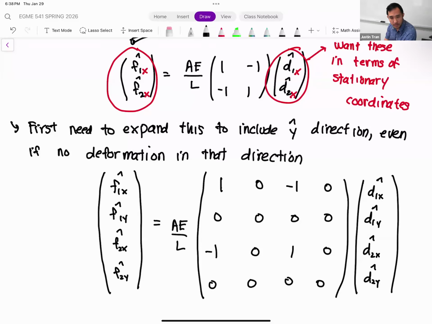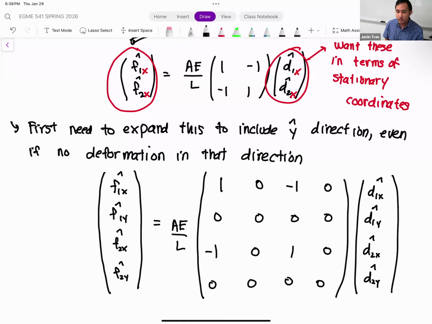All right, question in the chat. So we get a 4x4 due to the 2 nodes, 2 directions per node. And so 3 nodes, we get a 6x6 and so on. Yes, that's correct. So things are going to explode fairly quickly. Luckily, for the most part in our direct stiffness, we're not going to look at elements that have more than 2 nodes. But eventually we are going to look at elements with more than 2 degrees of freedom per node.